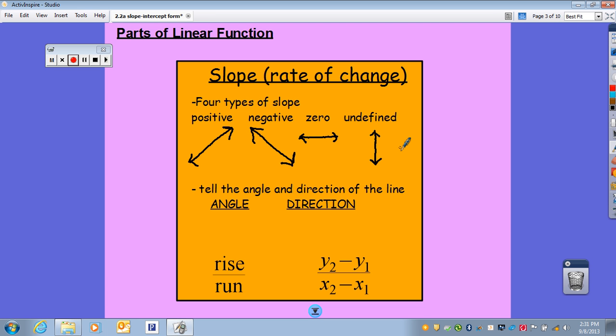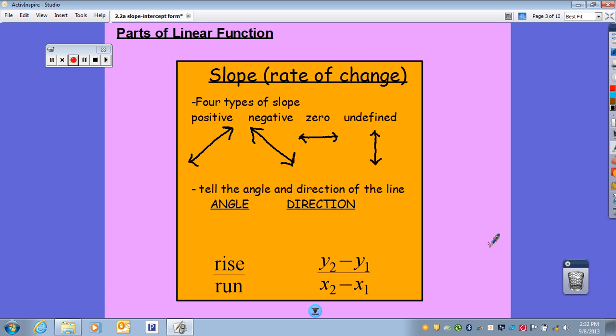So we can think of it as being impossible or undefined. Now the slope is going to tell us the angle and the direction of the line. The angle would be determining the steepness, and the direction meaning if it's up, positive, negative, 0, or undefined.